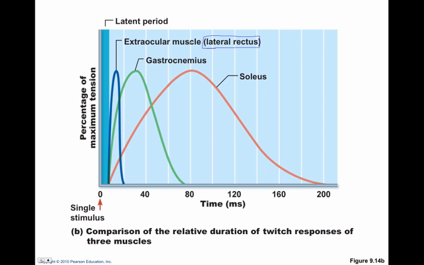Very small muscle, very finely controlled. And so that muscle is going to have a much smaller twitch time frame than these larger muscles that are designed more for duration.